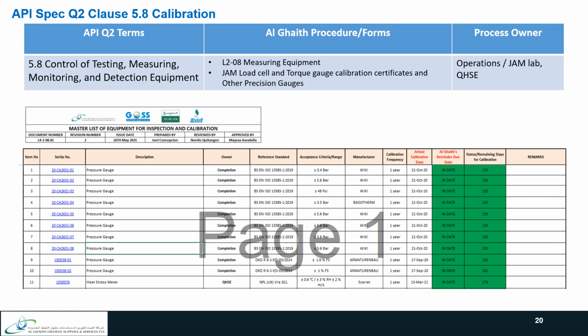API Spec Clause: Control of testing, measuring, monitoring and detection equipment. Ghaith maintains procedure L208 Measuring Equipment to satisfy this clause. Work instructions and specific forms are developed for jam load cell and torque gauge calibration. All precision measuring instruments need to be calibrated with proper identification, and the status of calibration needs to be tracked.